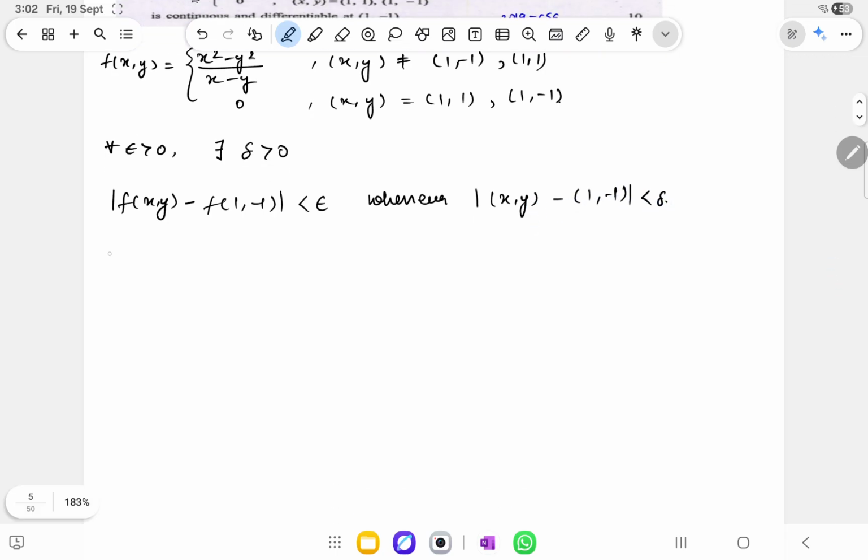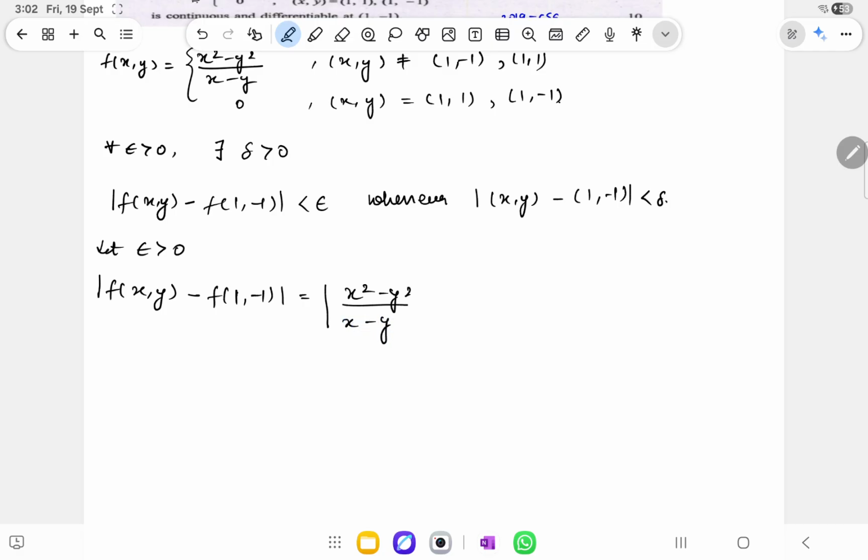So let us assume there is an arbitrary epsilon greater than 0. Then modulus of f(x, y) minus f(1, -1) will be equal to modulus of (x square minus y square) divided by (x minus y) minus f at (1, -1), that is 0 only.